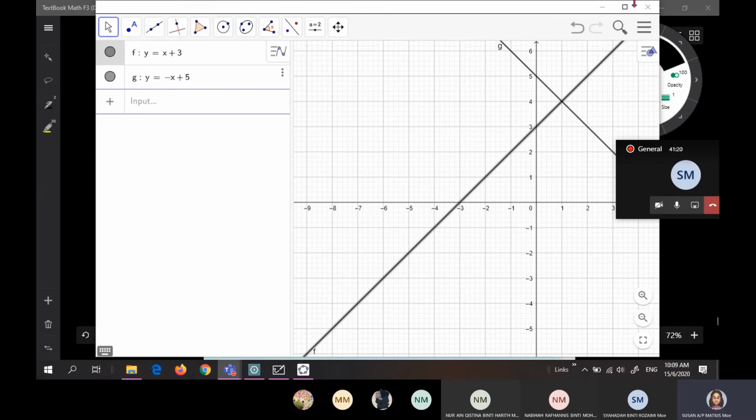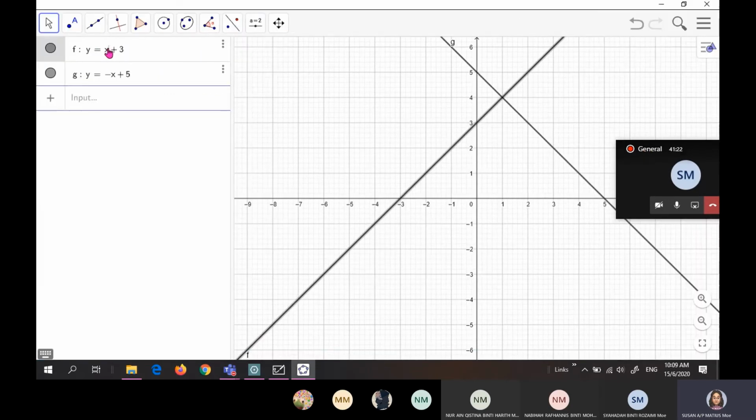Give me a moment, class. So now they have y equals x plus 2. Now I'm just going to change this. And then another one, they have 2x.